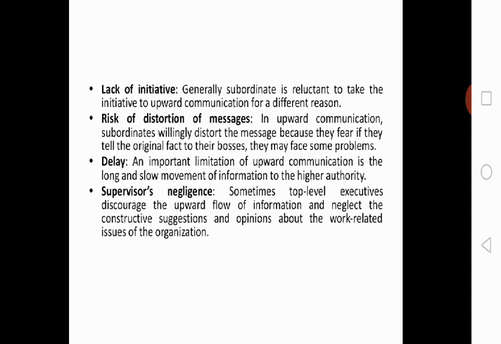So after thinking all this, before reaching the top management, it takes a big delay. This usually happens. Supervisors' negligence. Sometimes the top level executives discourage the upward flow of information and neglect the constructive suggestions and opinions about the work related issues of the organization. This also makes some problem with the upward communication.